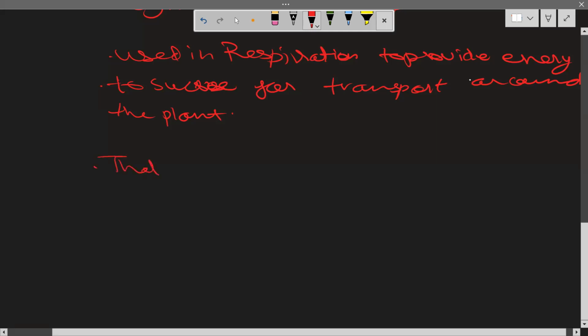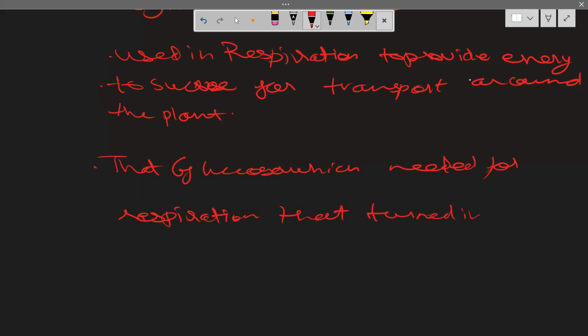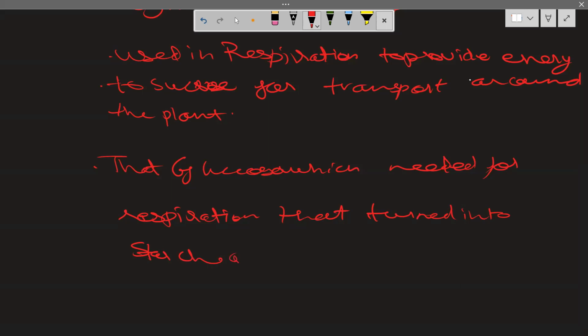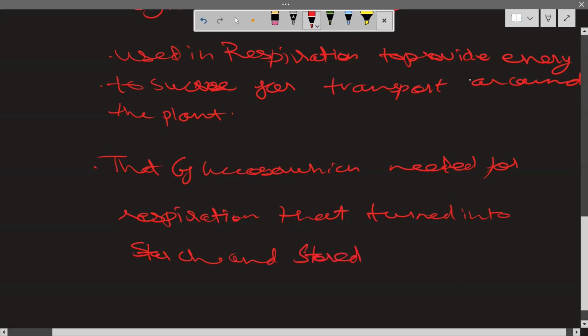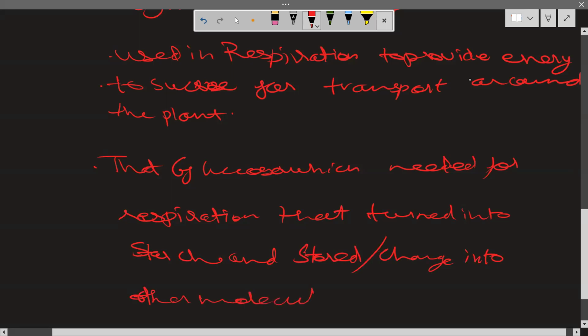So that glucose which is not needed for respiration is turned into starch and stored or changed into other molecules. Okay.